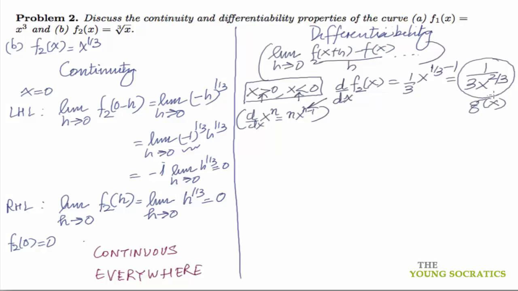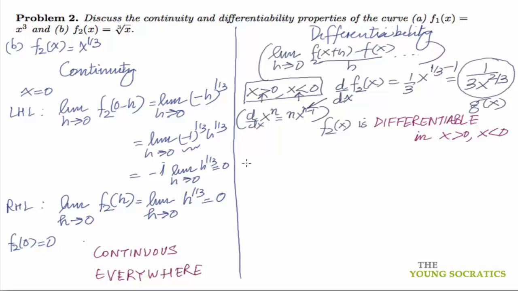Hence this function is continuous in this region. So f2(x) is differentiable in x bigger than 0 and x less than 0.